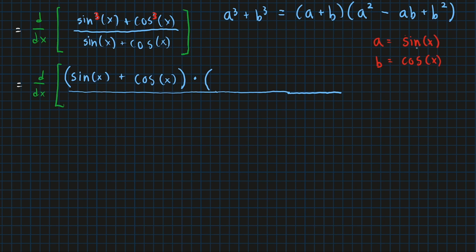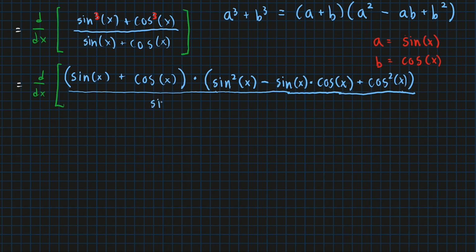What is a squared? Well, that's just sine squared, because a is sine x. So a squared is sine squared of x. What is negative ab? Well, that's just negative sine x times cosine of x. And I think you're getting the hang of this by now. What is b squared? It's cosine squared of x. And in our denominator, we didn't do anything to our denominator, we've got sine x plus cosine of x.